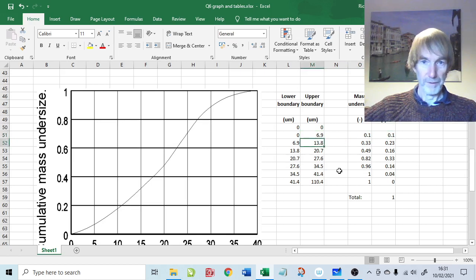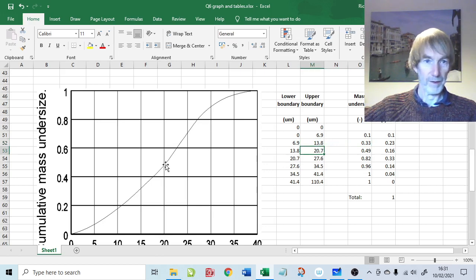What about 13.8? Let's call that 14 microns. 14 microns has a value of something in the region of 0.33, which is what we've got here. 20.7 or 21 is just here. 21, we come up to just here.